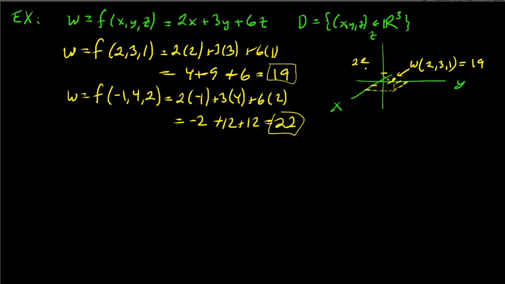So w equals 22 at this point. At this point, w might be 78. At this point, w might be -45. So different points give you different values. This is also a scalar field, but now it's a field in all of space.